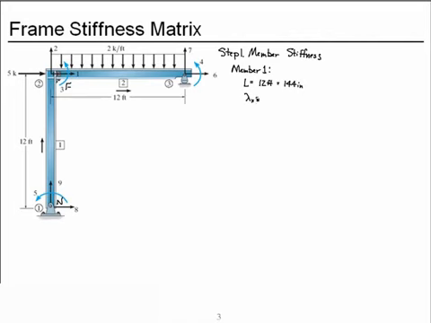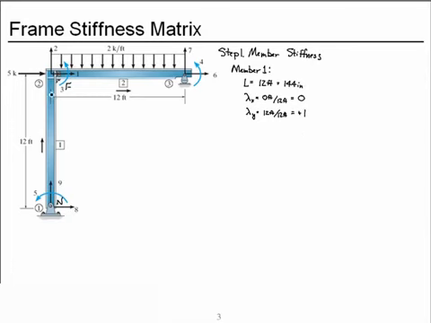Directional cosines, lambda x is the change in x coordinate divided by the length, and the x coordinate does not change, so lambda x is 0. Lambda y is the change in y coordinate from near node to far node, and that's a positive 12 feet, divided by the length, and so lambda y is plus 1.